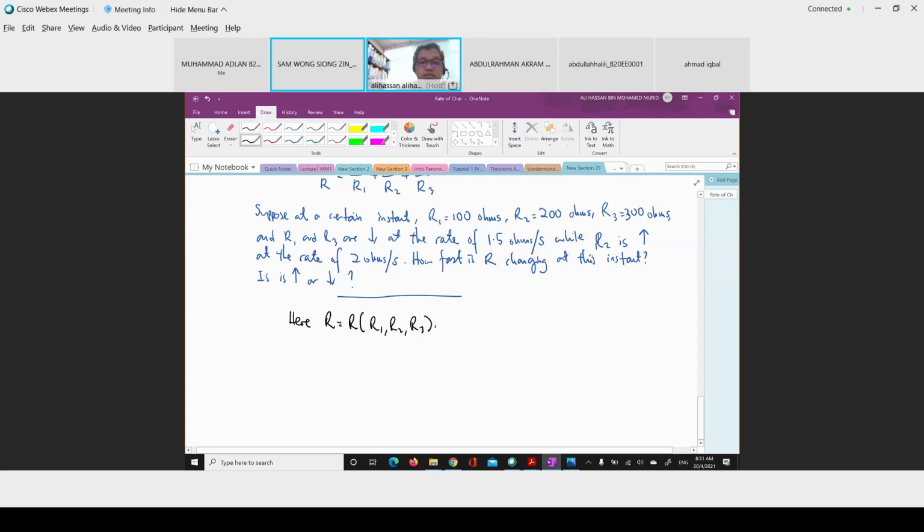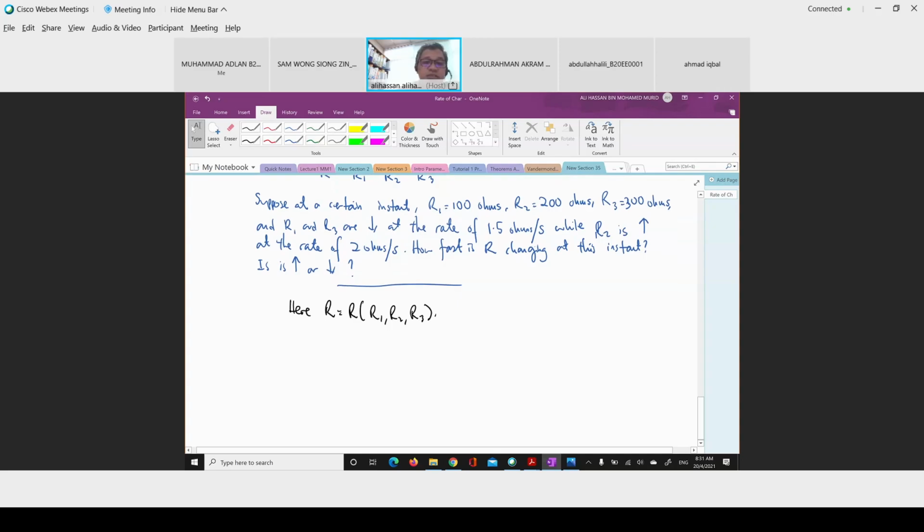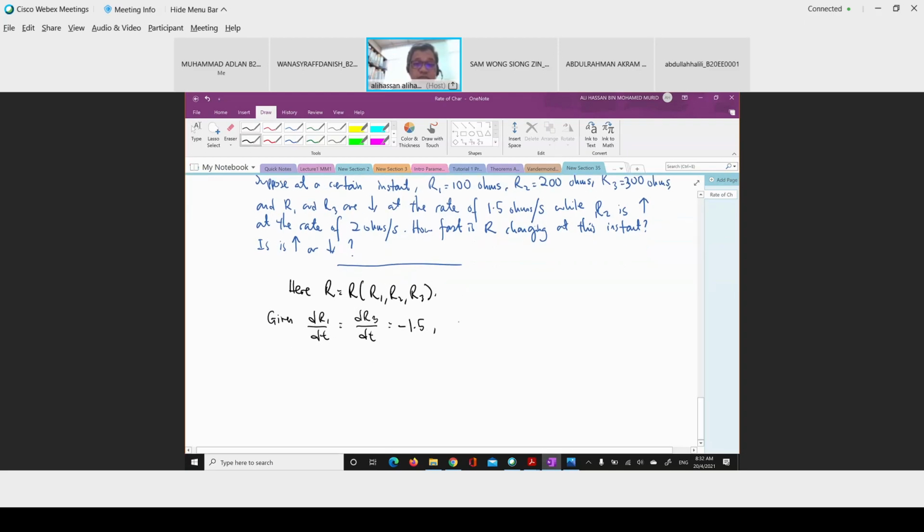R1 and R3 are decreasing at the rate of 1.5, so that means dR1/dt as well as dR3/dt equal to minus 1.5 ohms per second, because it is mentioned that R1 and R3 are decreasing. What about 2 ohms? It represents dR2/dt. Is it plus 2 or minus 2? Plus 2, because it is increasing.